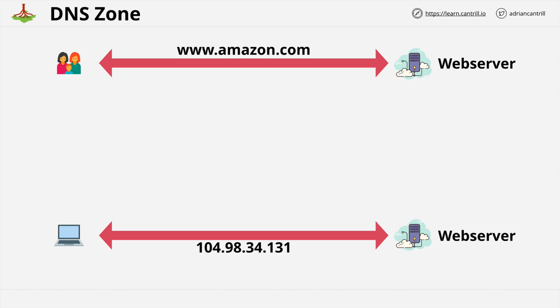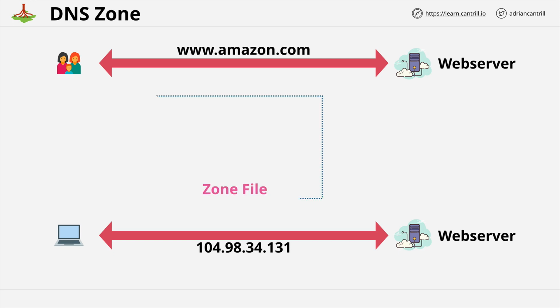DNS is a huge-scale database. It's distributed and it's global, but somewhere in that global platform is one piece of information, one single database, which has the information in it that we need to convert between the name and the IP address. So in this example, Amazon.com. Now that database, that piece of information that we're looking for, is called a zone, and the way that zone is stored is often referred to as a zone file.